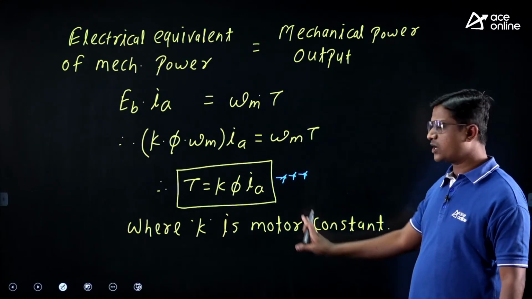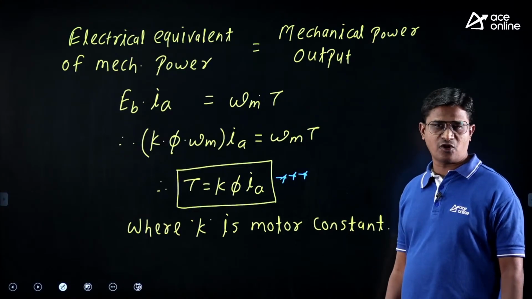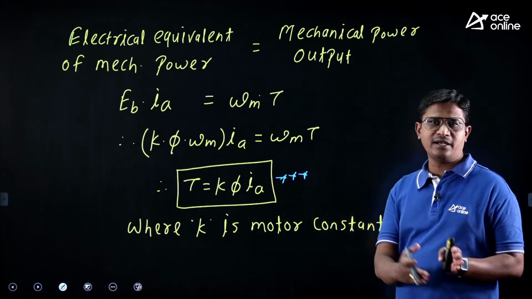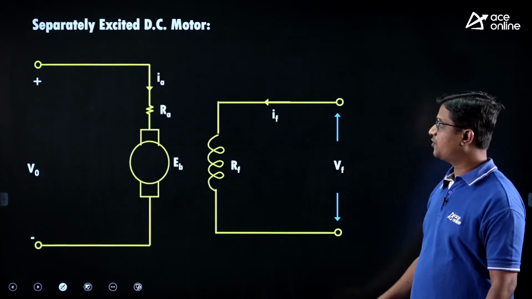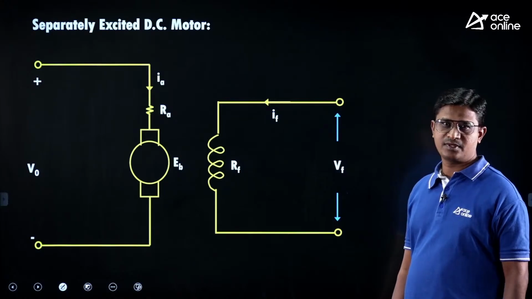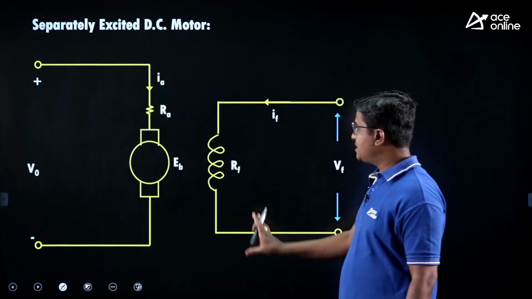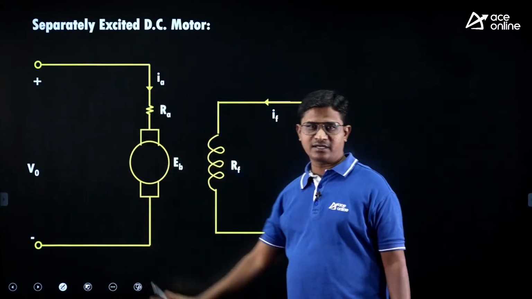Next, we are going to modify these two expressions for the DC series motor and the separately excited DC motor. Let us first discuss the separately excited DC motor. This is my separately excited DC motor equivalent circuit.